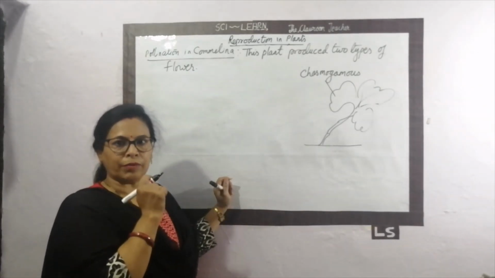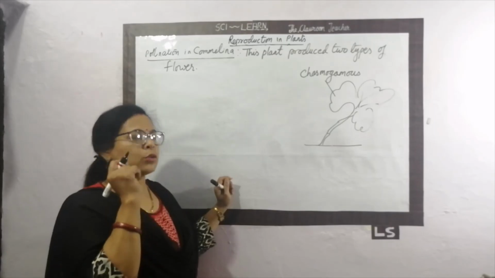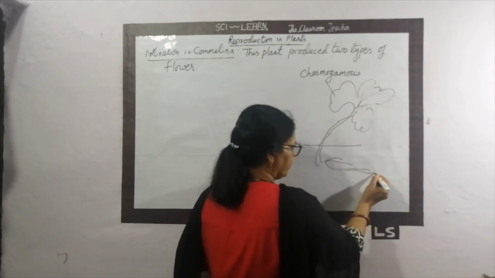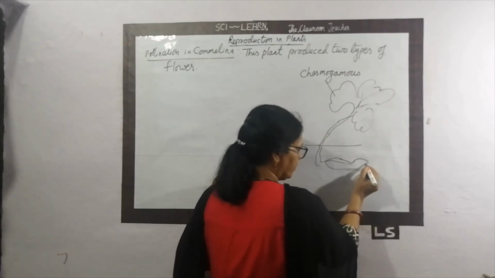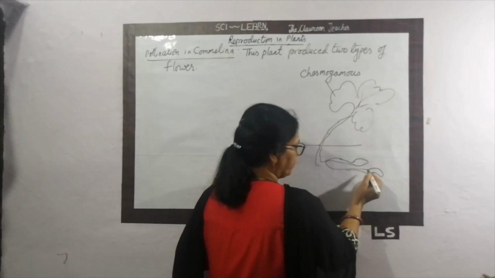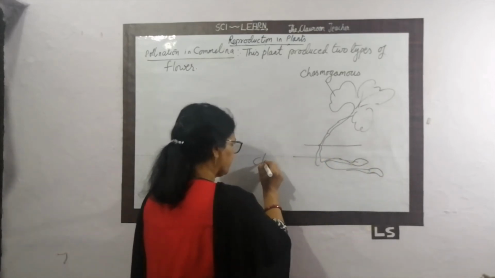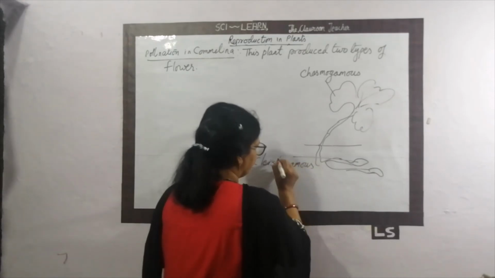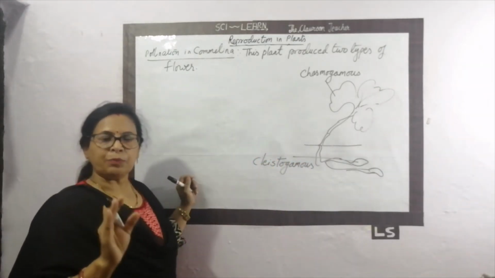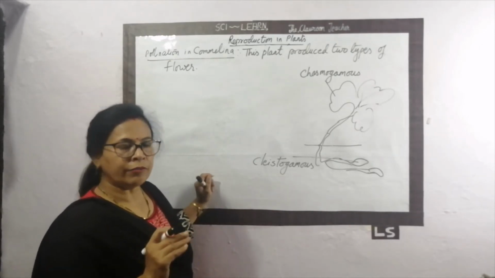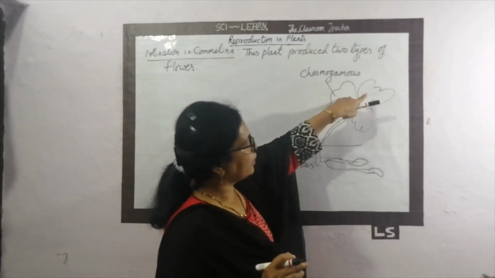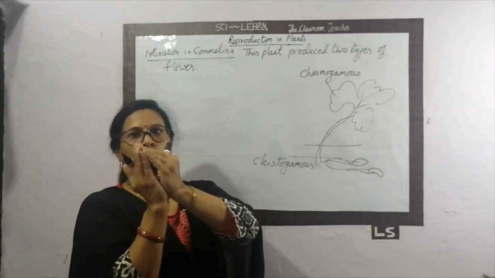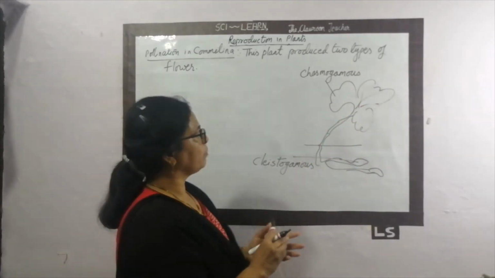But another type of the flower is also present, that is called CLEISTOGAMOUS. Okay, so this plant bears two types of the flower. One flower in which the stigma and stamen are all open, and one flower in which all these parts are closed. Here, the anther and stigma are exposed.